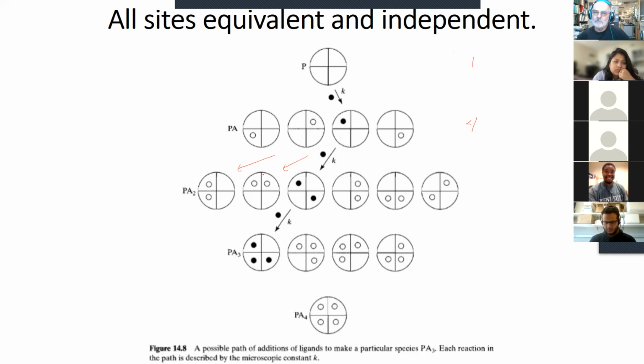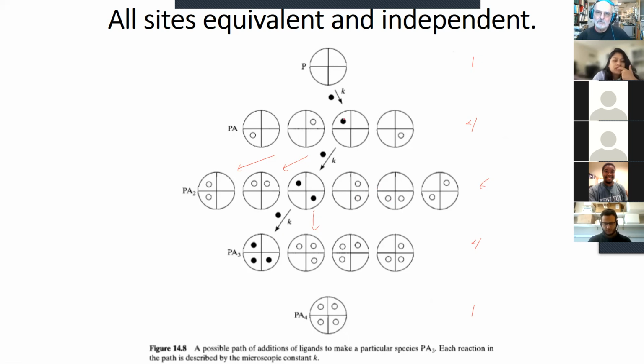Those would represent different paths. You're here and you're going to fill this third site, but you could have filled this site. And so this is the point, that there are 6 forms of this and 4 forms of this and 1 form of this, and the pathway is complicated.